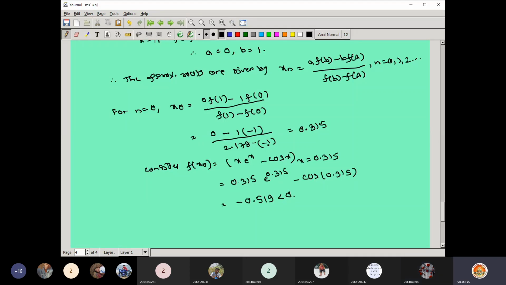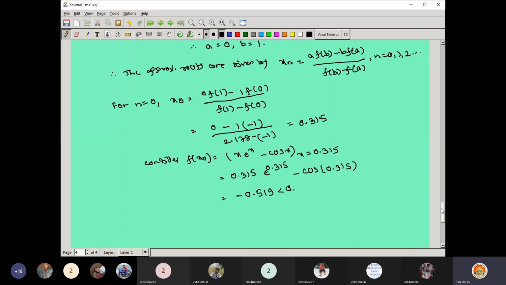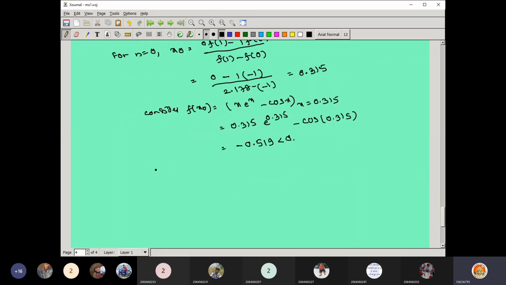So since f of x naught is less than 0, make a statement: a equal to x naught, that x naught means it is 0.315.